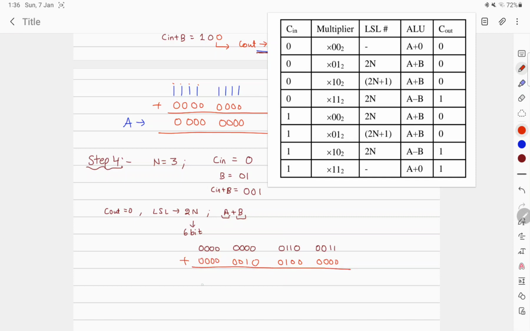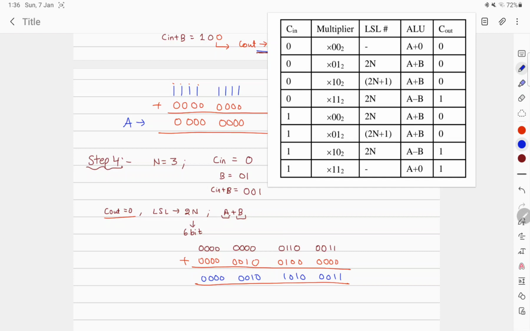So we can do addition and get the new A, and here you have got C out 0. If you add it, you are going to get 0 0 0 0 0 0 1 0 1 0 1 0 and 0 0 1 1.